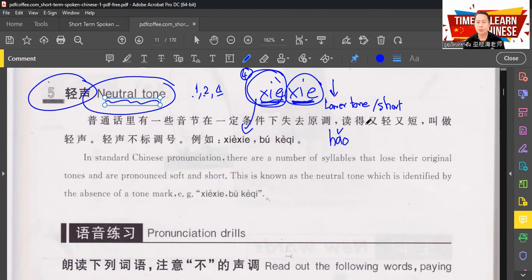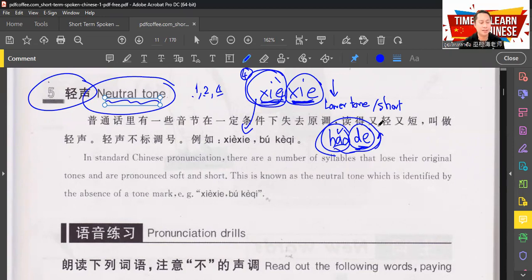The rule of third tone: if in front of another neutral tone, the neutral tone has to go up. HAO is 好 in third tone, right? For the neutral tone, we will go up and short. We call 的. All of this one we call 好的 like this.